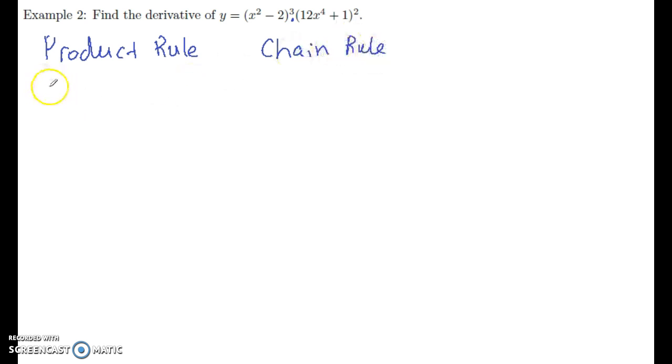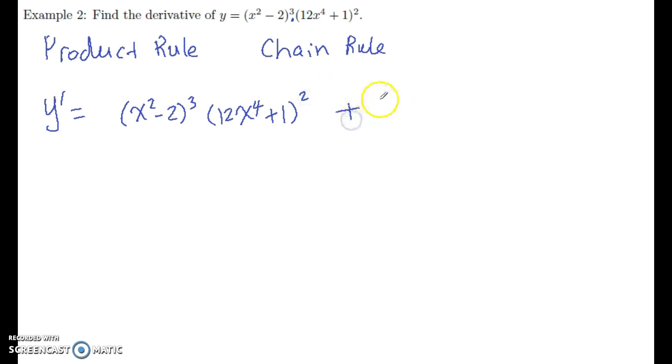So we first apply the product rule. y prime equals, you make 2 copies of the function, and connect them with a plus sign.